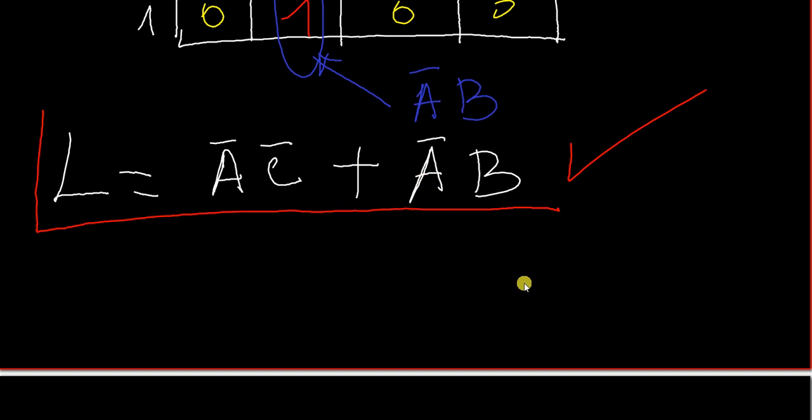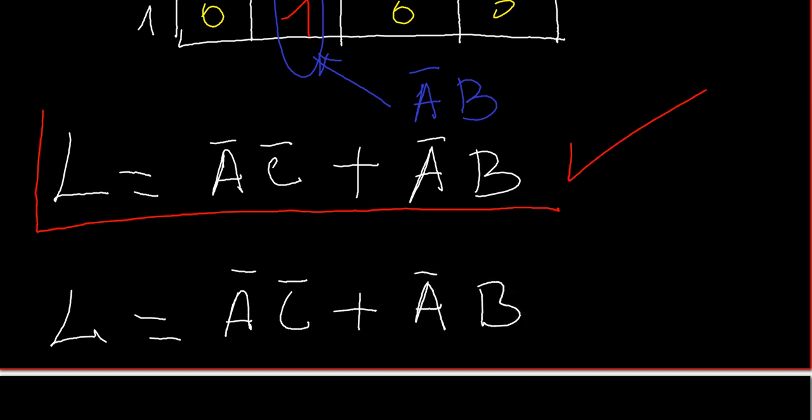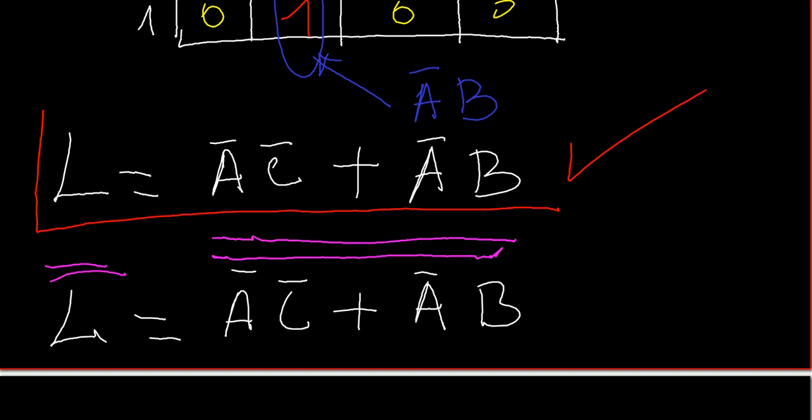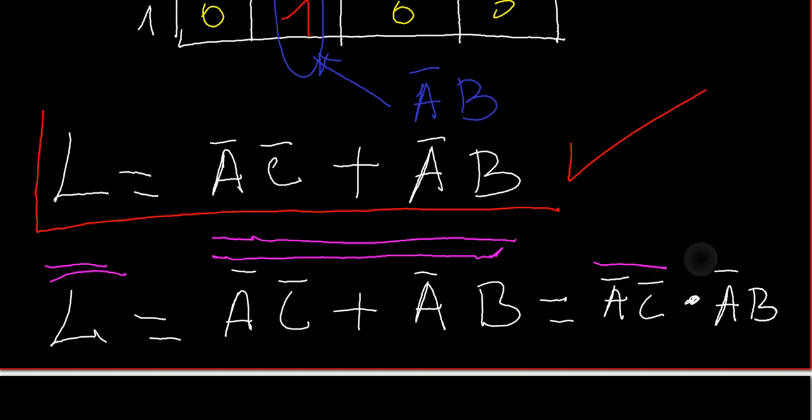So if we take this equation L, let me take L, which is equal to A bar C bar or A bar B. Now if we add a bar on top like that, you have not changed anything, and this will be equal to A bar C bar and A bar B, and the first bar will give us this one and this one.